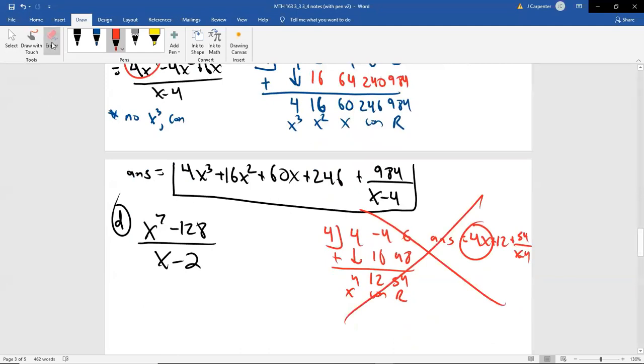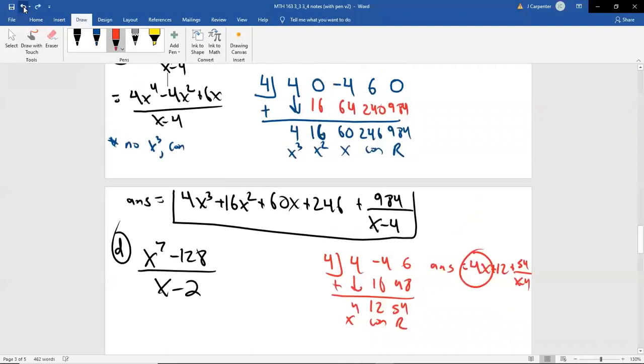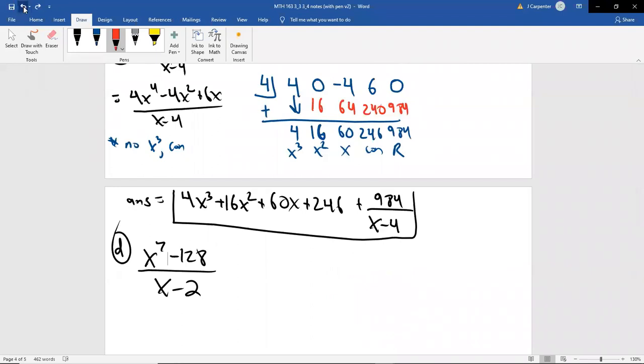So with these synthetic division problems, you should always assume that the answer will have a degree of 1 less than the original top. So if your division work disagrees with that, you have definitely goofed up the division work. I can promise that, as we just saw, as I'm erasing one click at a time.